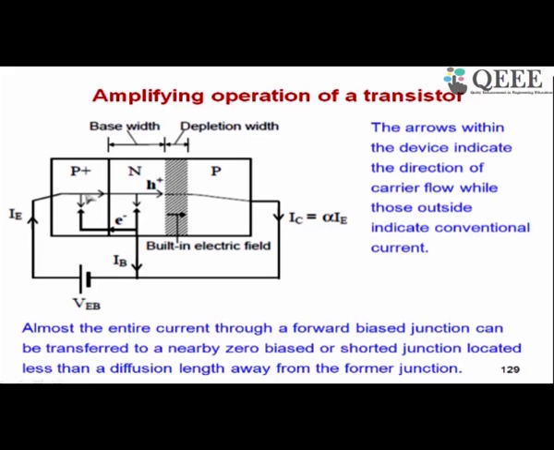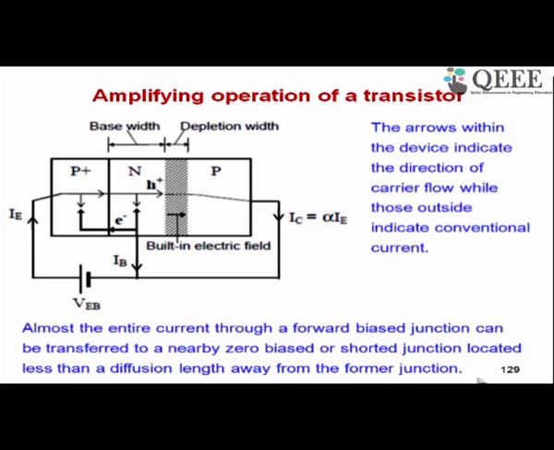You can see the emitter current is lost here partly and lost here partly, and the remaining is crossing over here. So this alpha is very close to 1, but it is less than 1. That is what is said here in the slide. Almost the entire current through the forward bias junction can be transferred to a nearby zero biased or shorted junction located less than a diffusion length away from the former junction.